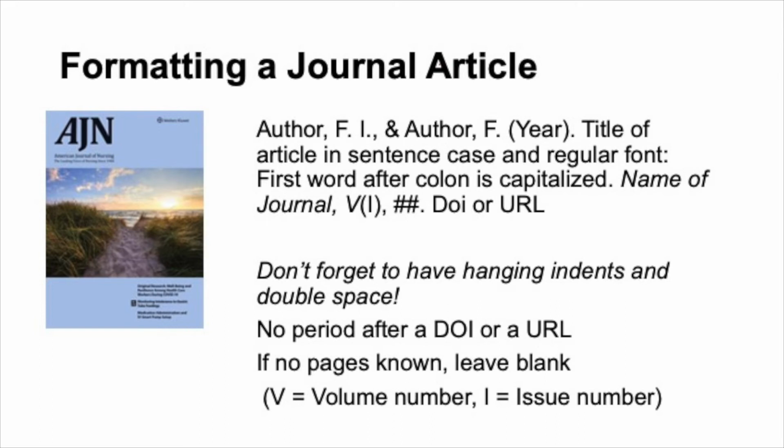Otherwise, you can just click on your browser's URL that's associated with that article and put it into your reference. But again, most of your journal articles, especially the evidence-based ones, are going to have a DOI. Remember, there's no period after a DOI or a URL.